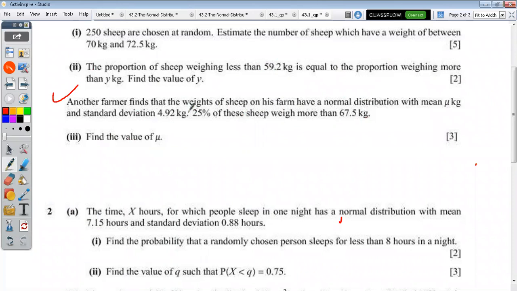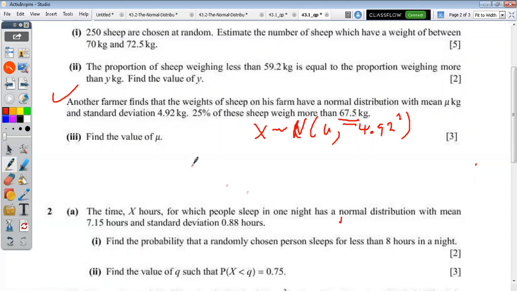Now a farmer finds that the weights of the sheep on his farm have a normal distribution, with standard deviation 4.92 squared, and that 25% of his sheep weigh more than 67.5.